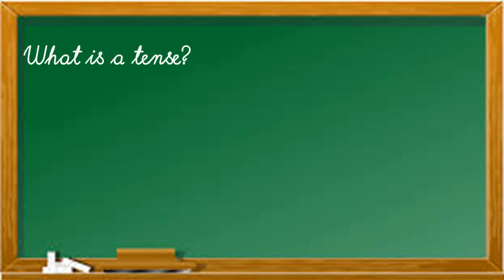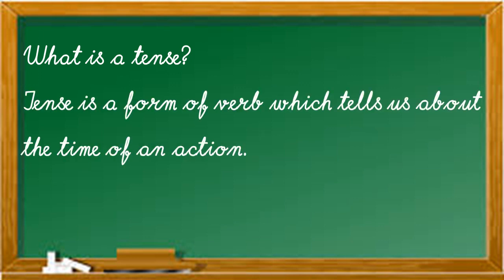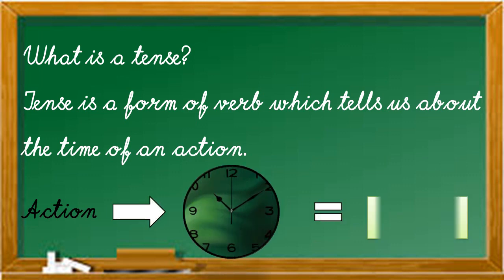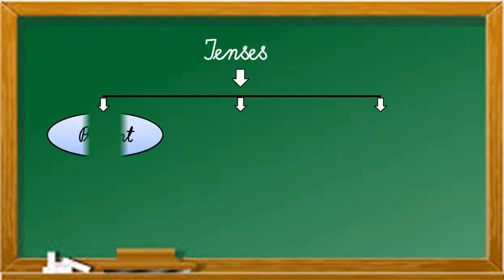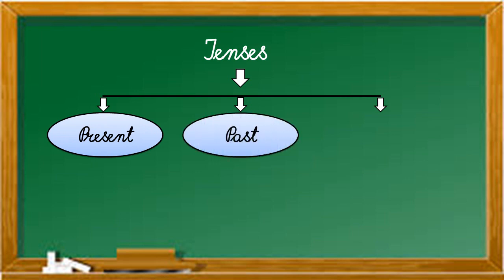What is a tense? Tense is a form of verb which tells us about the time of an action. That means it actually describes when any action takes place with respect to the time. Basically, tense is of three types: present, past, and future.